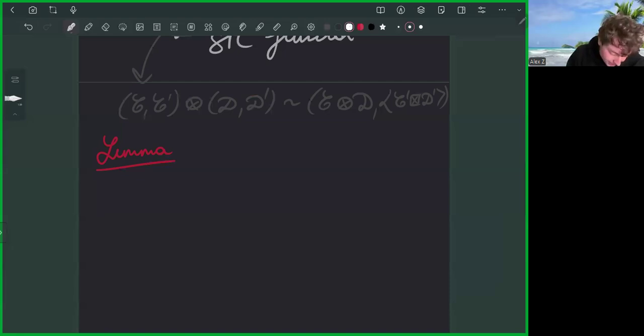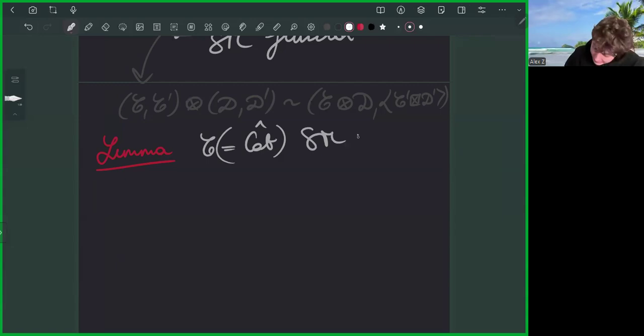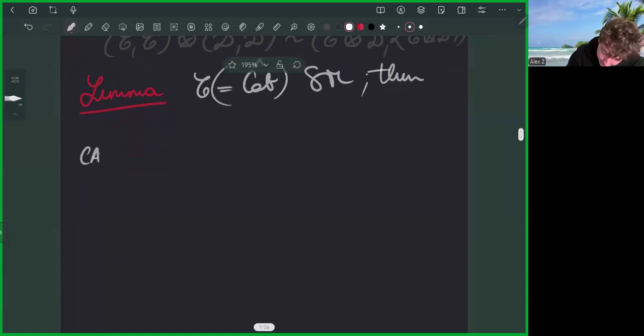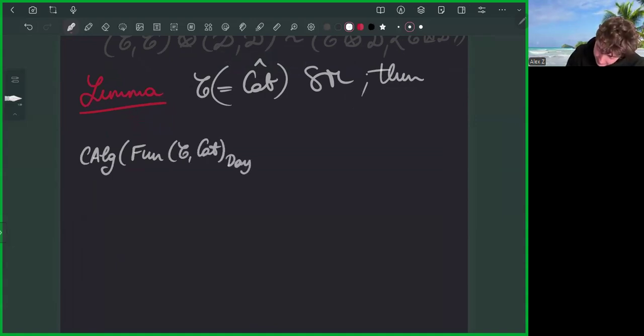yes, so there's the following lemma. So if C is a symmetric monoidal category, and in our case, C is Cat, but C is symmetric monoidal, then we have the following things, namely, we have functors from C to Cat, okay, I will explain this in a second, but you can consider functors from C into Cat, and you can endow this functor category with the Day convolution tensor product that is induced from C and Cat.